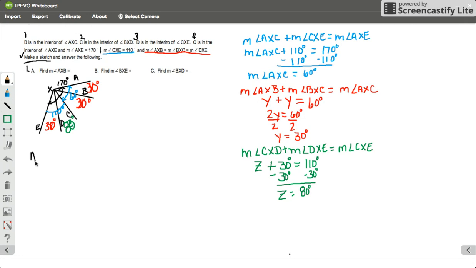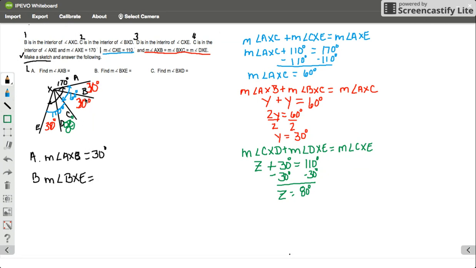So in question A, our measure of angle AXB, so here's our A, here's our X, and here's our B. So AXB, we have calculated, that's a B, not an E, is 30 degrees. Question B, we're supposed to find the measure of angle BXE.